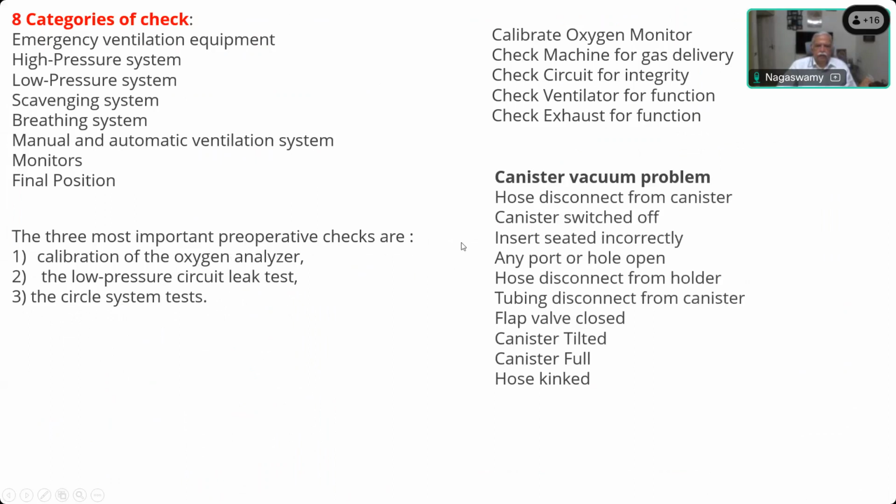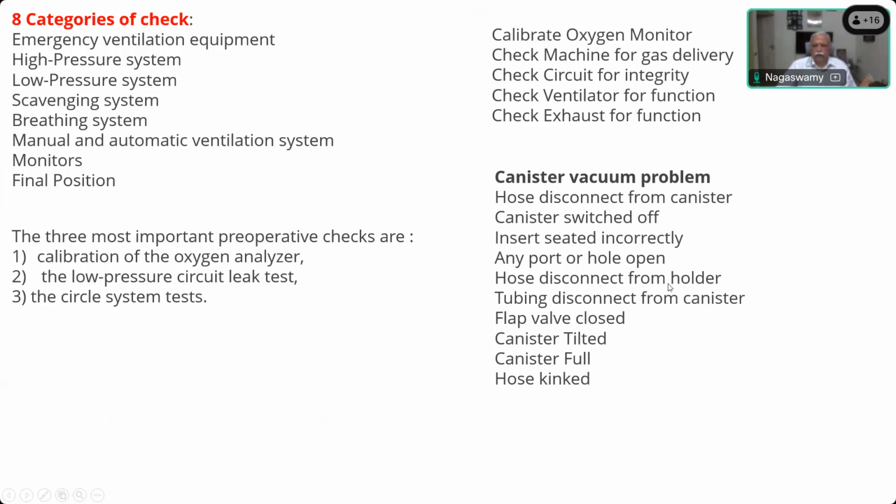And canister vacuum problem, post disconnection or canister switched off, inserted incorrectly. Many a times after discarding the exhausted soda lime and filling it with the newer one, when they are inserted, you will find the circuit not filling up and always a leak. So if the soda lime replacement has been done in the morning before you start the case, make sure that the circuit is without any leak at that level.